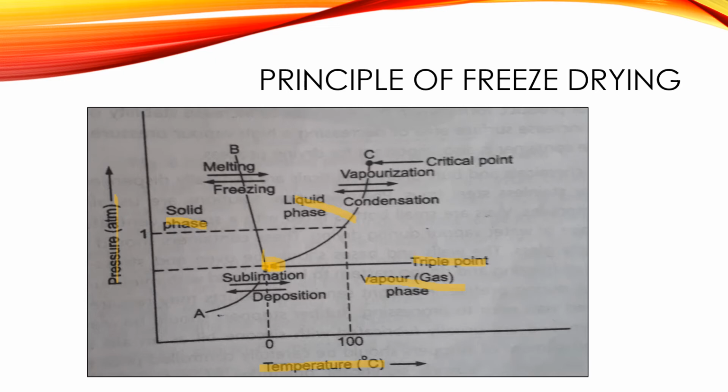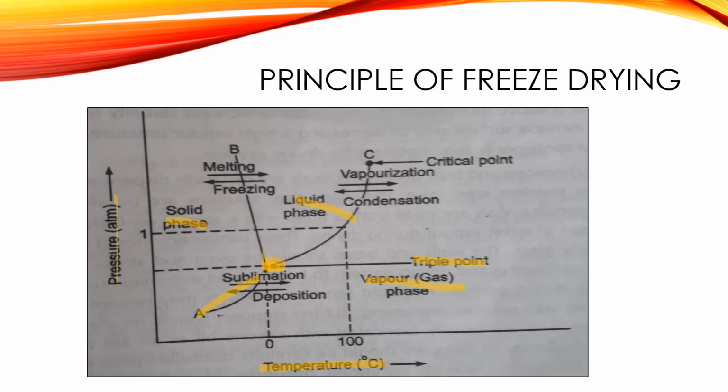Now you can see in the figure the boundary AO, which is known as the sublimation pressure curve for ice, indicates the condition for the coexistence of vapor and solid phases in equilibrium, and a mass of ice is directly converted to vapor phase by heating, that means the primary drying, provided that the pressure is kept below the triple point.